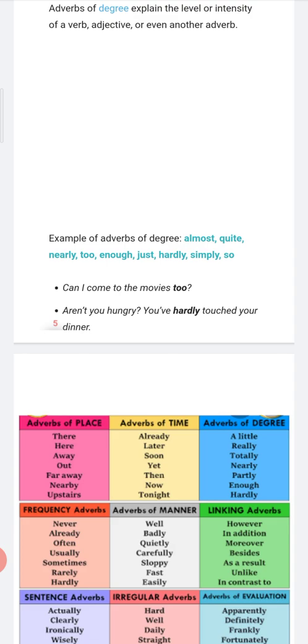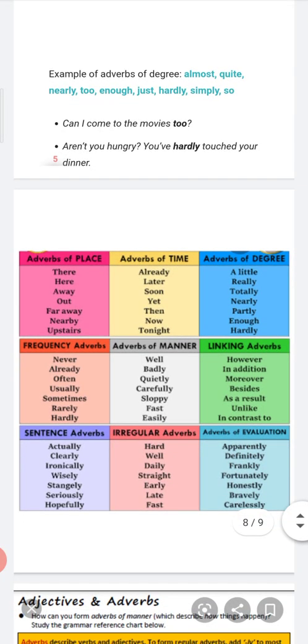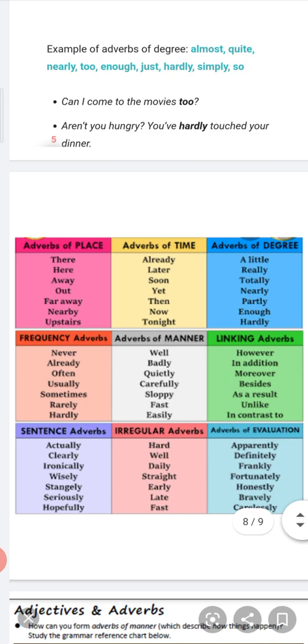Now when an adverb is being modified by an adverb, he is walking too slowly, he is walking too fast. He is walking fast is an adverb, but he is walking too fast means we are enhancing the adverb.